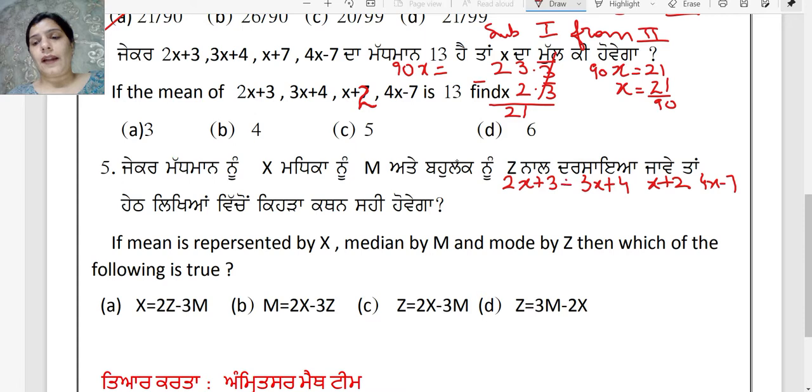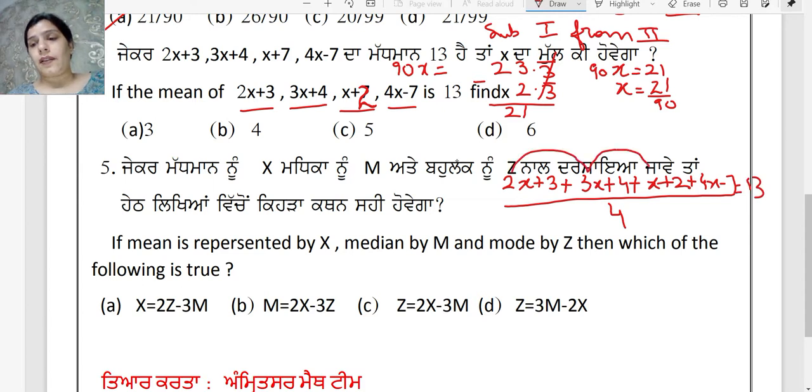So I will add these and divide by number of observations. कितनी observations हैं हमारे पास? 4 and the mean is 13. So 2x plus 3x plus x plus 4x: 2x plus 3x is 5x, plus x is 6x, plus 4x gives you 10x. Then 3 and 4 is 7 and here it is minus 7, so they get cancelled and then plus 2.